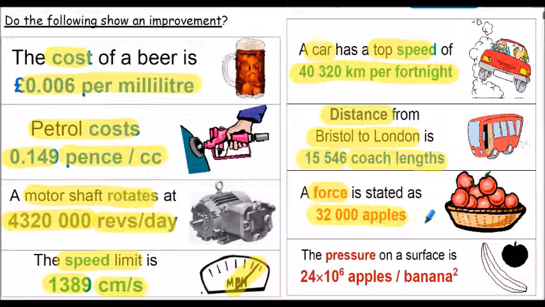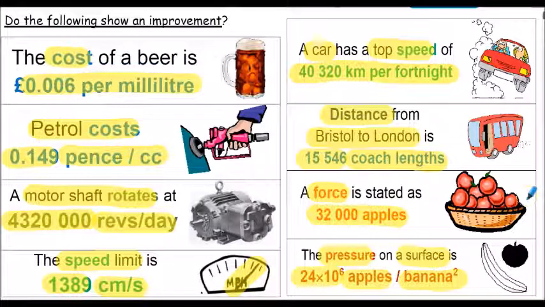How would we interpret that piece of information? And finally, a lecturer I had in my studies many years ago would solve questions using the SI system of units, then move on to solve questions using the gravitational imperial system of units, and finally end up with his own system of units. So supposing a pressure on a surface is stated as 24 million apples per banana squared, would that be a significant pressure or not? Food for thought there.